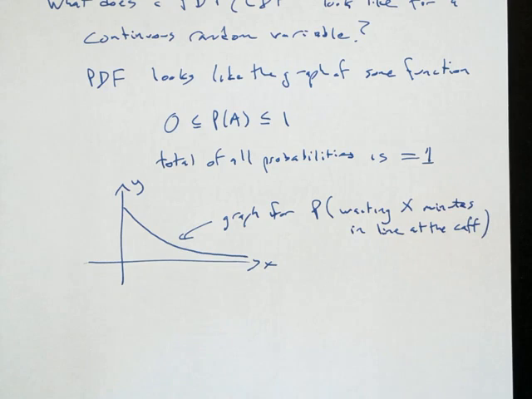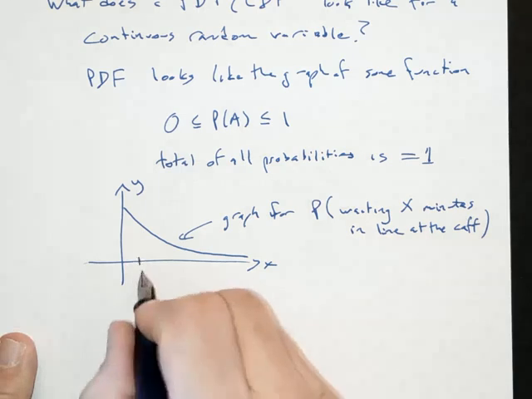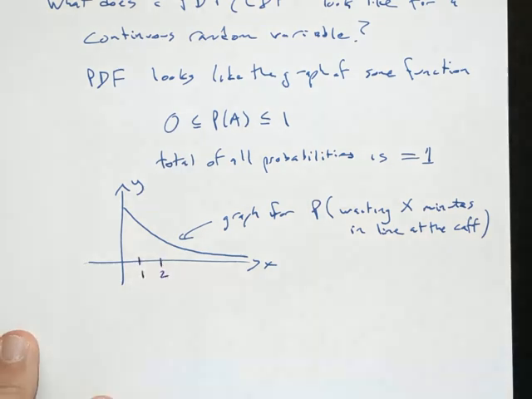My issue here is that this is a continuous thing, not a discrete thing. So the chance you wait exactly 2 minutes is really very hard to find. But I could ask, what's the chance you wait between 1 minute and 2 minutes, couldn't I? And if that's the case, 1 minute is a mark down here, and 2 minutes is a mark down here.